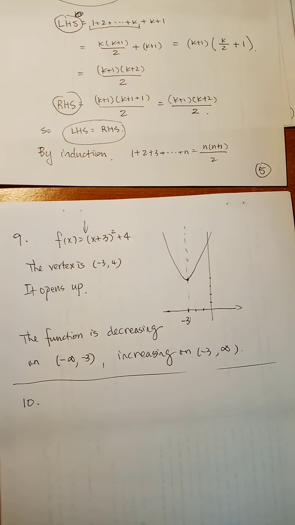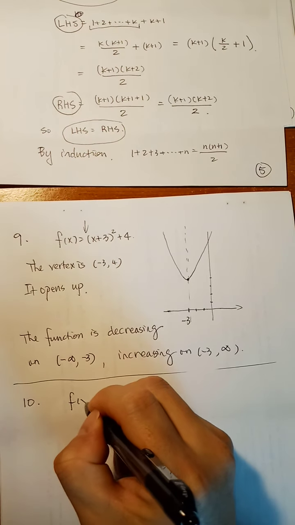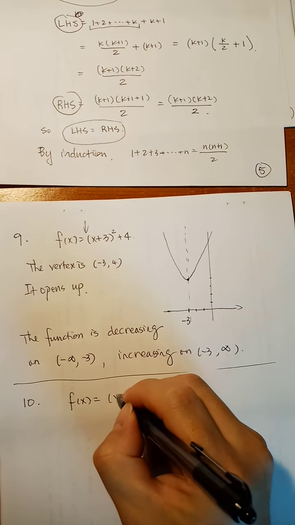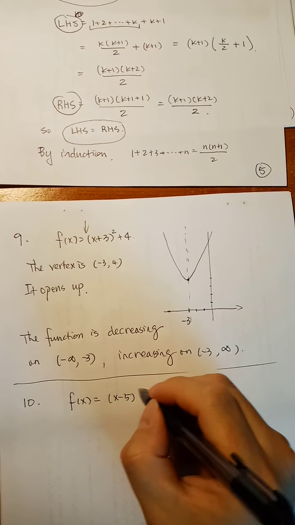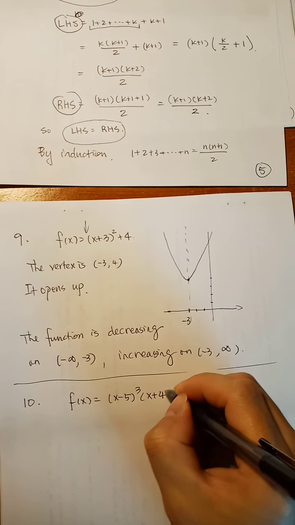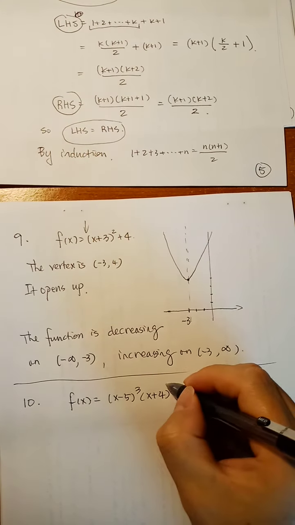Problem 10. List each real zero and its multiplicity and determine whether the graph crosses or touches the x-axis at each x-intercept.